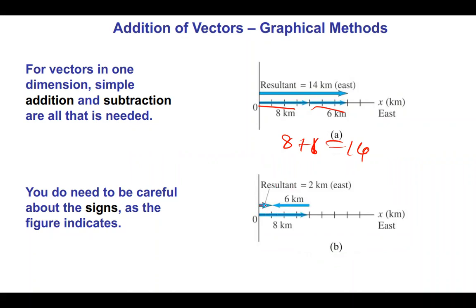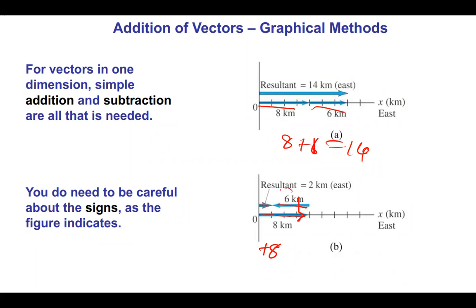Okay. Then you also have these 2 vectors. You have this one, which is bigger than this other one in terms of magnitude. So you have 8, and 8 is facing towards the positive, so just write it as positive 8.